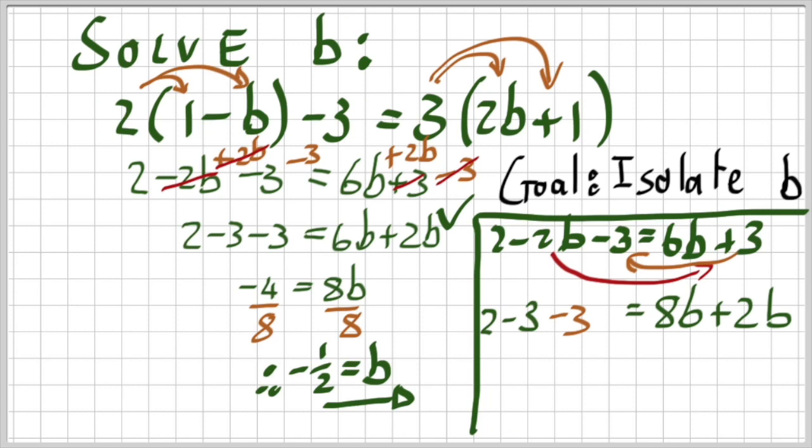So on the left, I'm going to sit with negative 4 equal to, why did I say 8b? Oh my hat! You see what happens when you're in a hurry? That must actually be 6b. Okay, not 8.